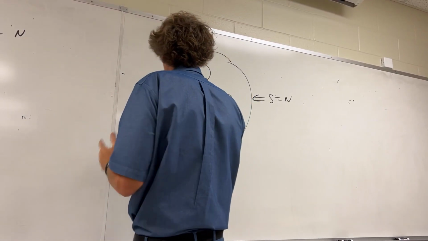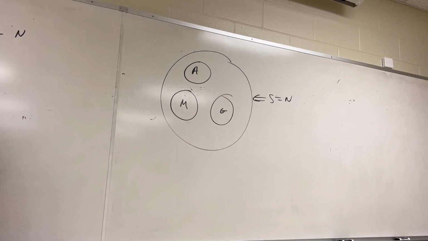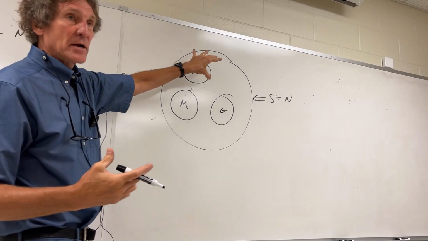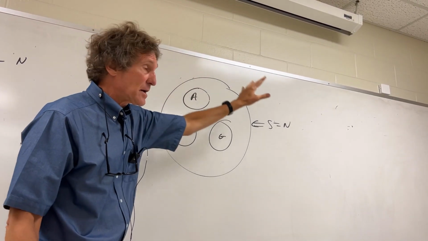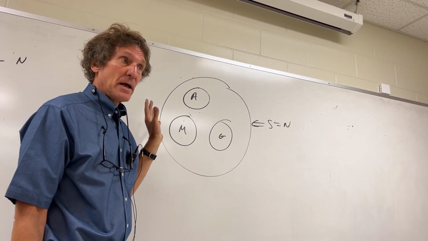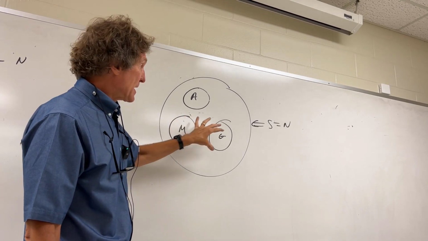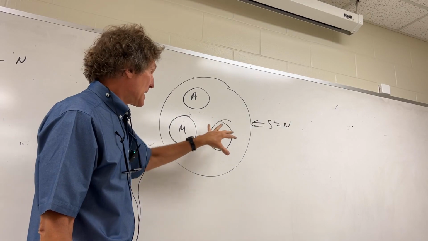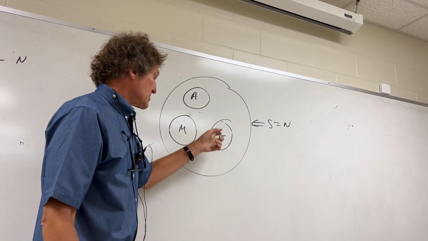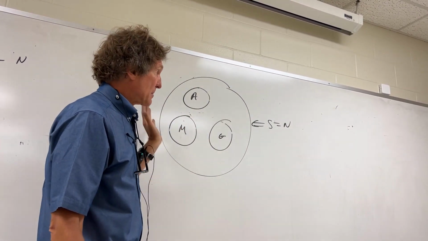I'm trying to represent this in a Venn diagram, so that gives you an aerial view of the probabilities of any of those occurring. The probability of A occurring in this possible event is just this number divided by the total number. This one would be the same thing, M, whatever that number is, divided by total N. And this is G, whatever that number is, divided by total.